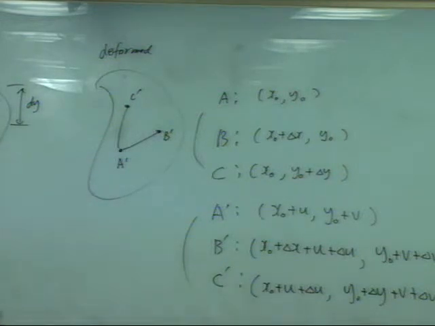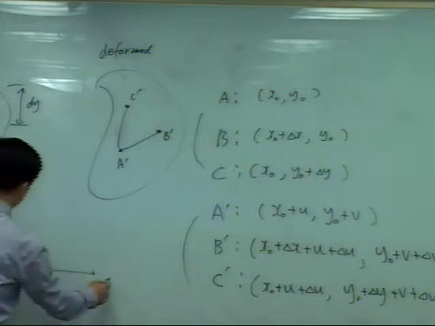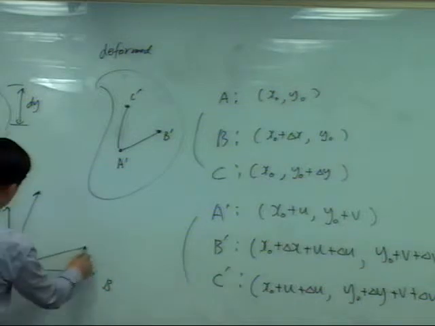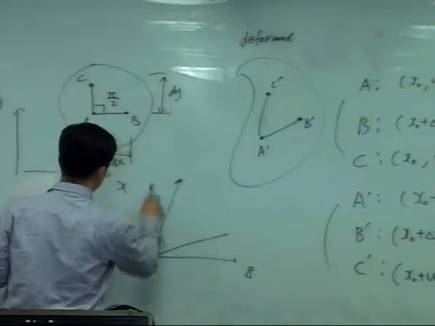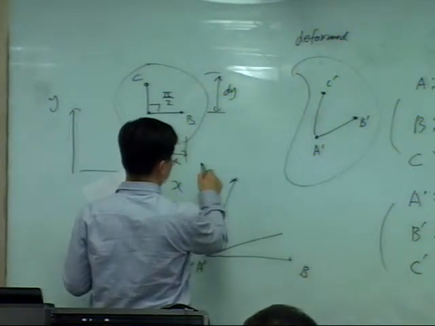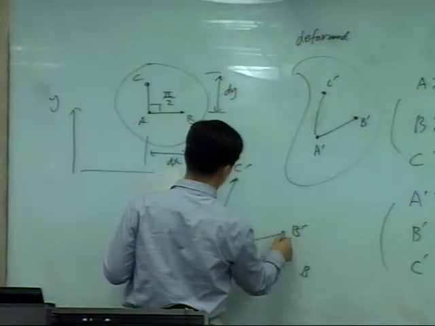Then let's draw A and A' at the same origin. So this is A, B, C. I can plot this is A', C', B'.